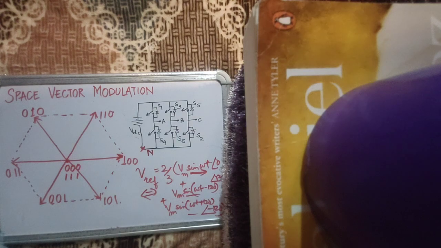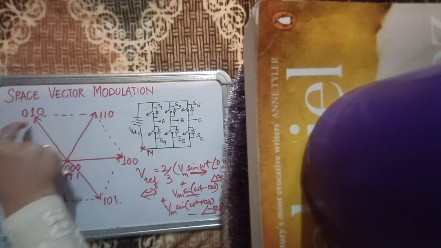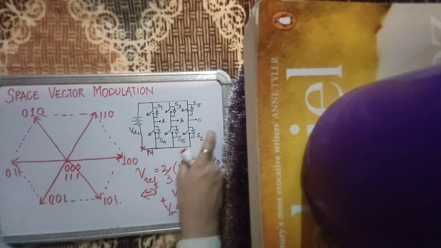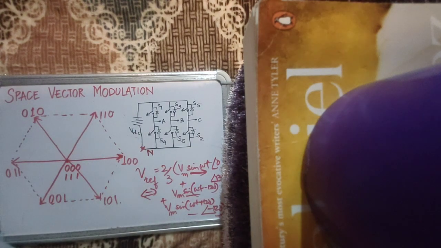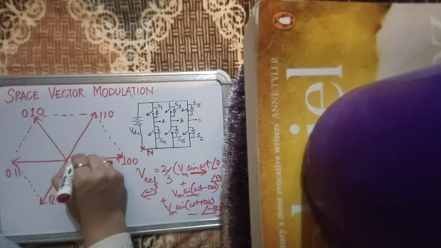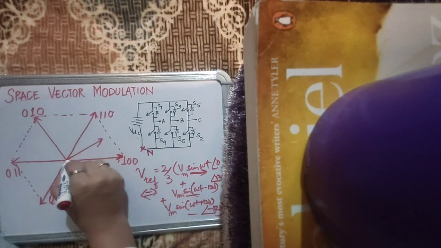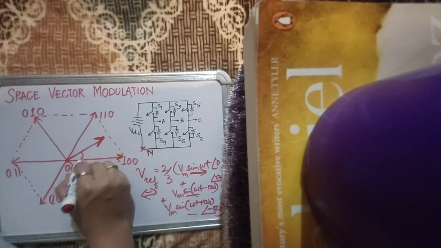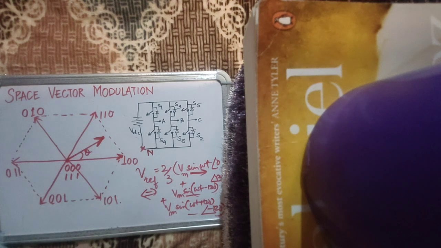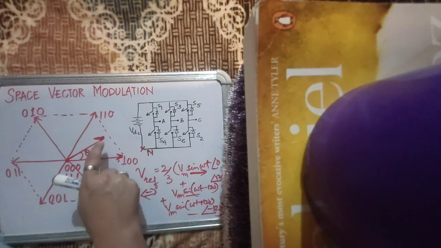Now what do you want? You want to emulate that circle using the discrete positions on the space vector diagram that these switches can give you. So at every point in time, you check the position of the reference space phasor. That is what is desired from the converter. Suppose your reference space phasor is here. Its magnitude is this much, and its phase is, say, theta. You cannot switch it here because the converter does not have a switching state here.